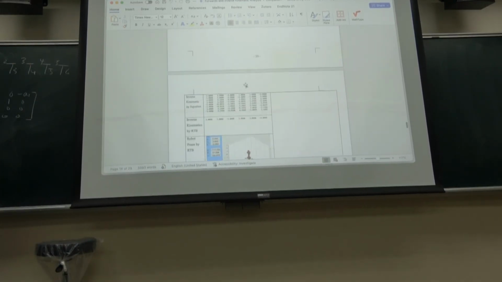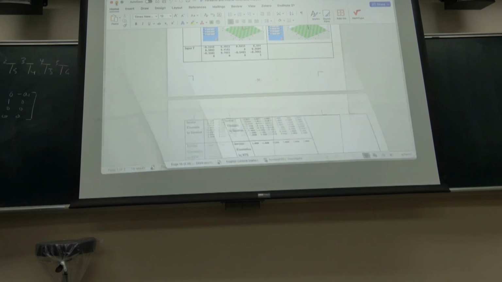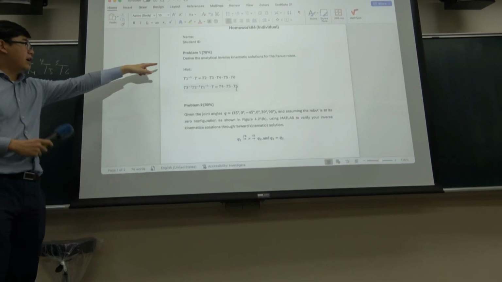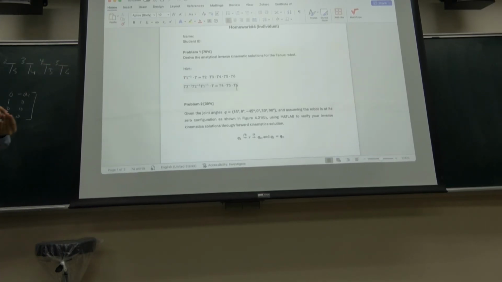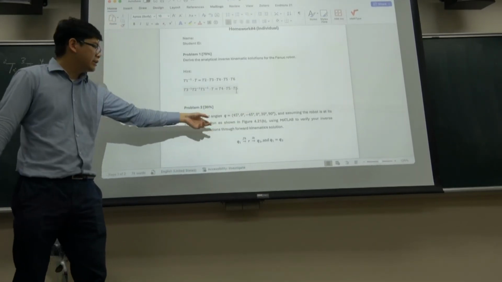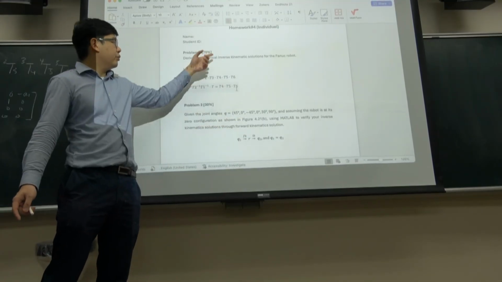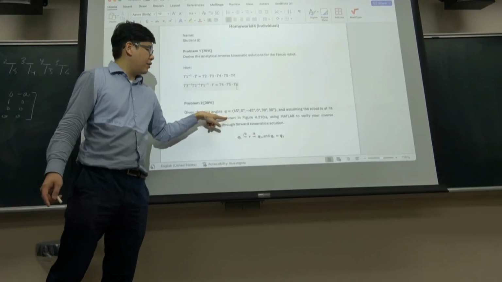So I think this will be all your homework. Just derive the inverse kinematics, and then give an example and test whether you can find the input through the forward and inverse. Then you can get the same solution.